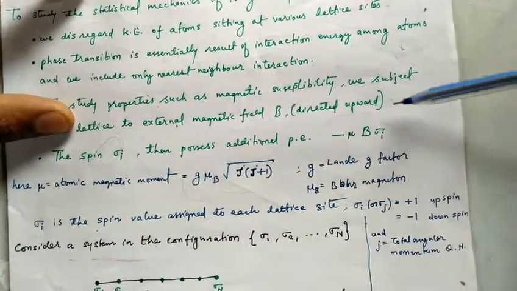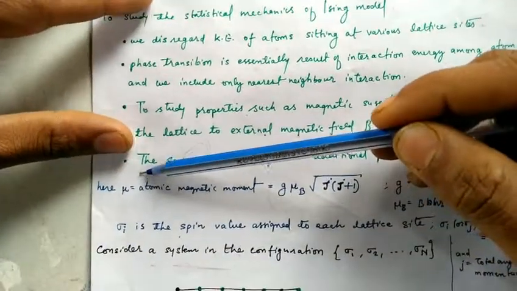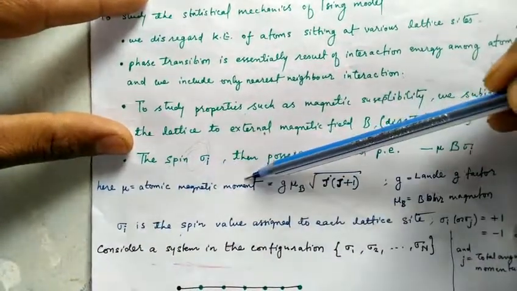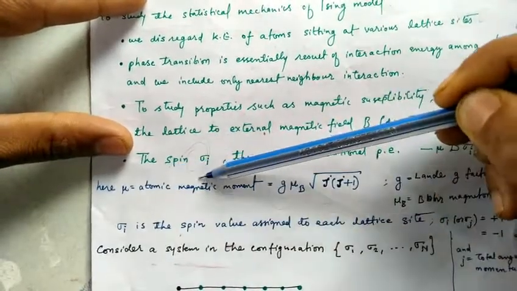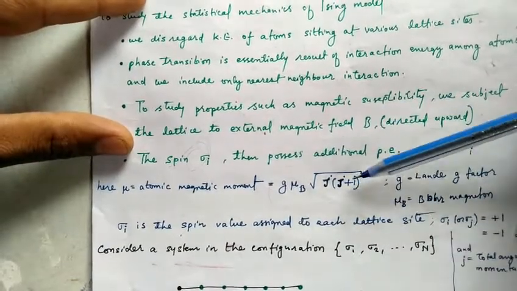In this expression, mu is the atomic magnetic moment, and the atomic magnetic moment is given by this formula.